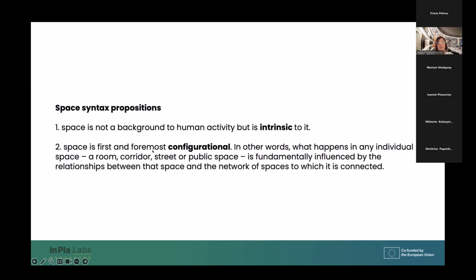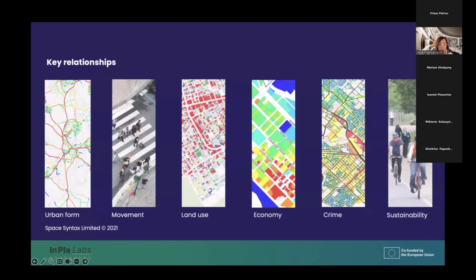It's very important that space in space syntax theory is not just where actions take place. It has specific relationships to and influences those actions. So there's a reciprocal relationship. And there are key relationships between space, between urban form.